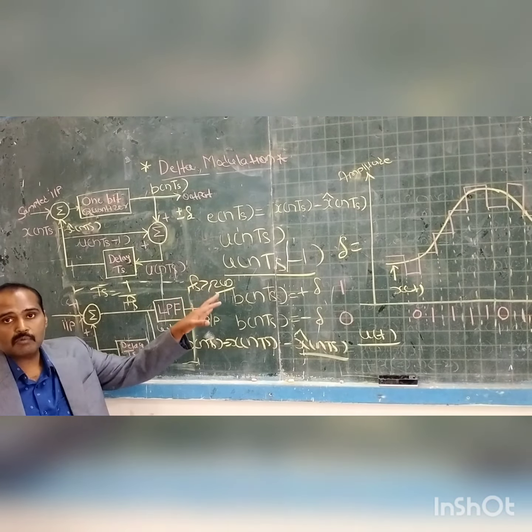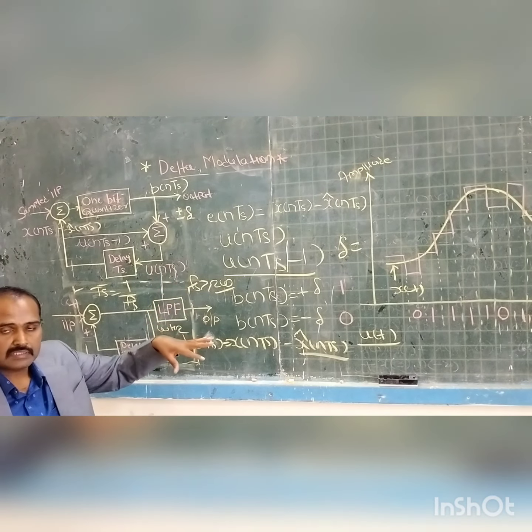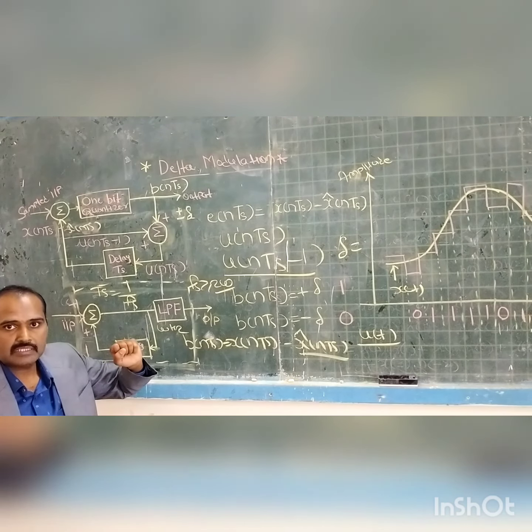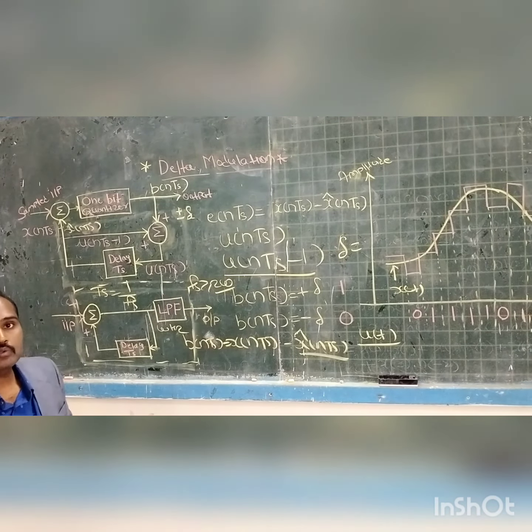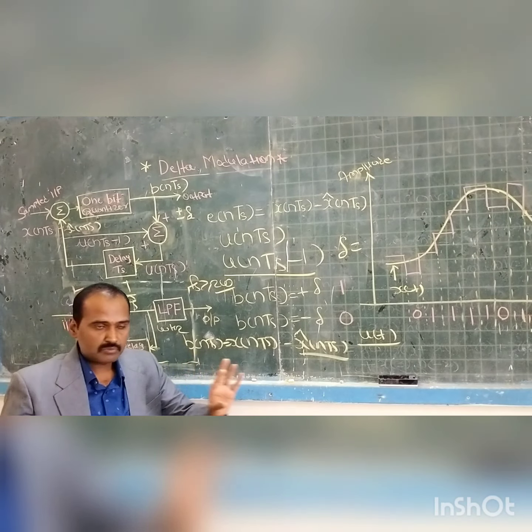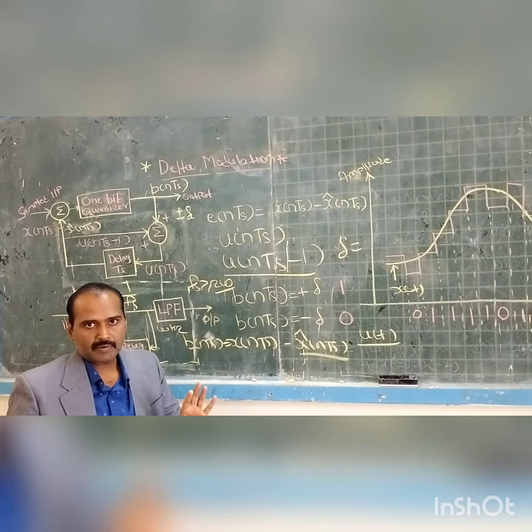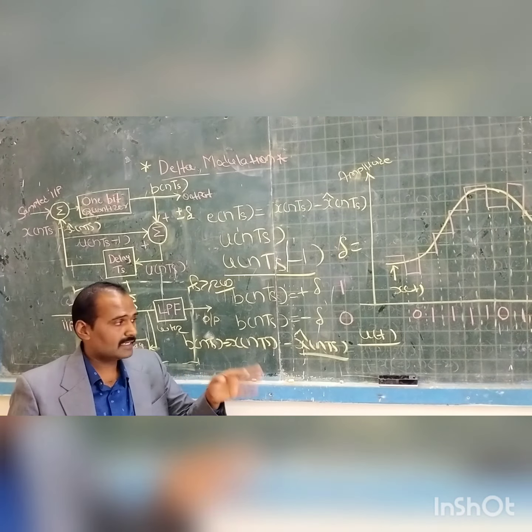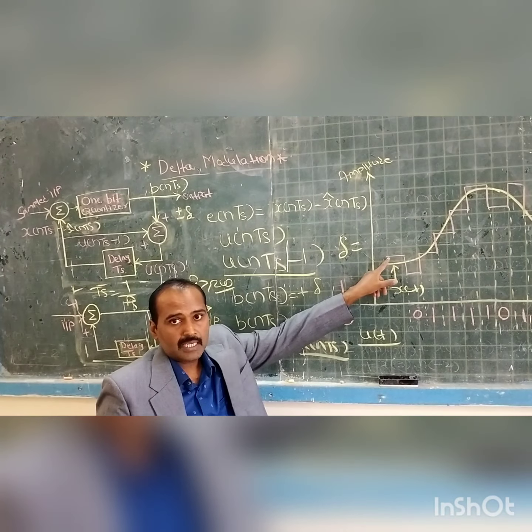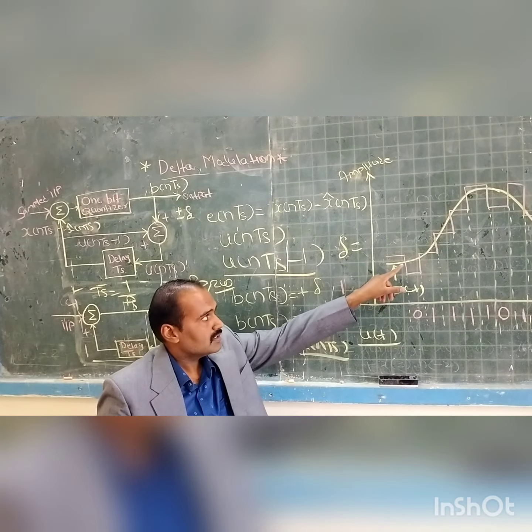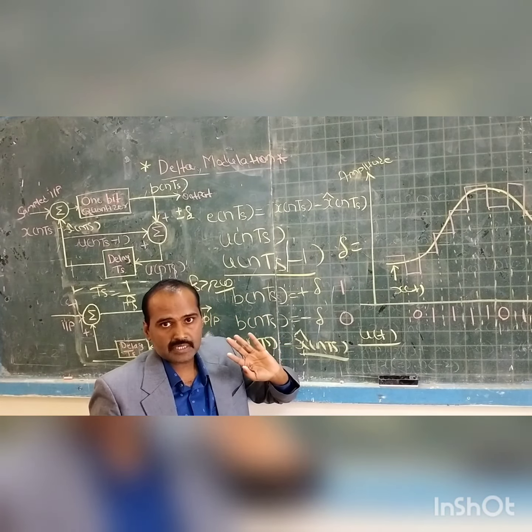Now as far as this delta modulation scheme is concerned, there are 2 or 3 disadvantages. Undoubtedly it is a better scheme compared to pulse code modulation, as we improve the transmission bandwidth as well as transmission power. But in a practical scenario, sometimes the step signal is not able to follow the envelope of the continuous time signal.